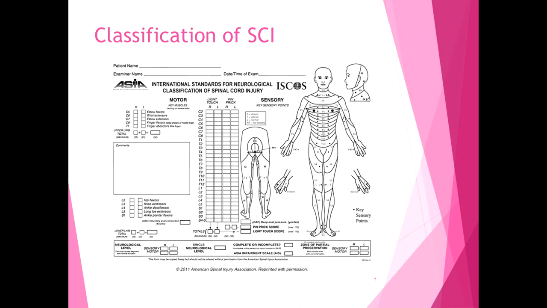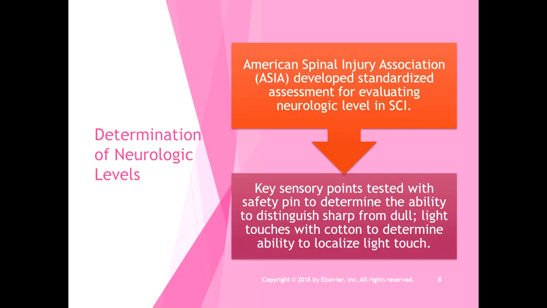So usually when they come to PT, you're going to get an ASIA score for them that tells what their level is. The American Spinal Injury Association developed standardization of assessment for evaluating neurological level in spinal cord injury.